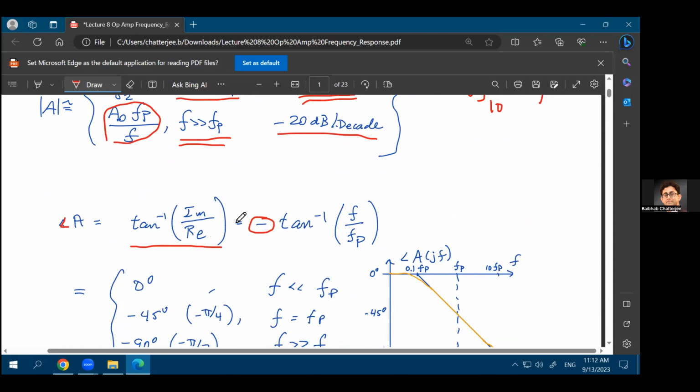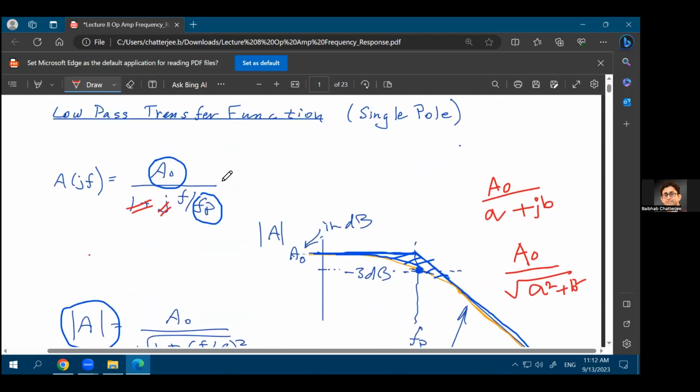You can convert this to something that has a fully real part in the denominator. So what you'll do is multiply A0 with 1 minus j times f over fp, and you'll multiply with the same thing in the denominator as well. So in the denominator, you'll get something that is fully real: 1 plus f over fp whole square, because this is a minus b times a plus b.